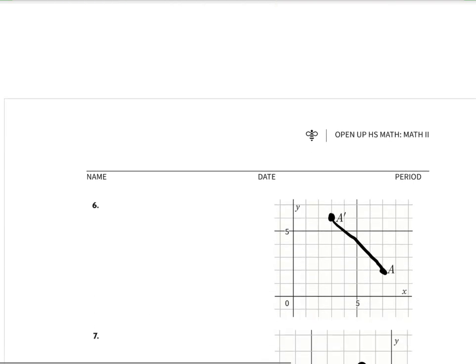Number 6 is similar, right? We got our segment connecting A and A prime. Our perpendicular bisector is going to be a line that passes through. It goes through right there. Looks something like this.